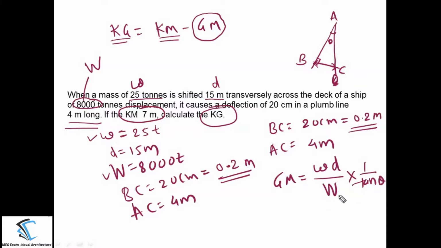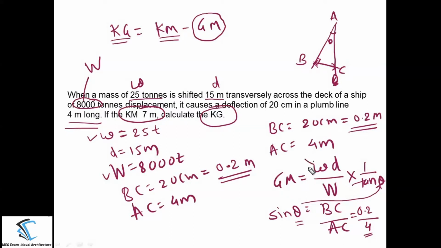Now how to calculate the value of theta here? That is sin theta is equal to BC by AC. BC is given, that is 0.2 meter, AC is given, 4 meter. From here you can find out the value of theta. Take this value of theta, substitute here.